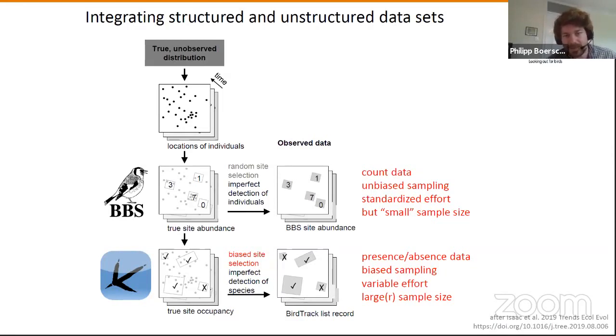And we have a second, spatially biased data set, where we have biased site selections, but we get presence absence data in a much higher number of samples.